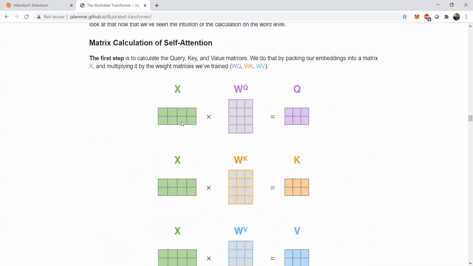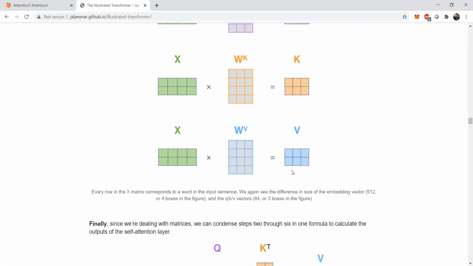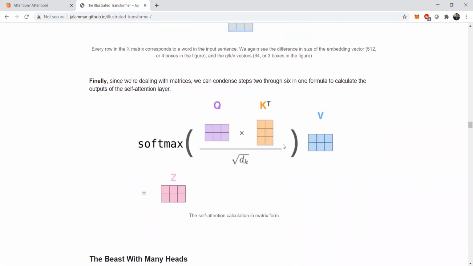Which is clearly represented by this figure here. So we multiply x with wq to get q, again x with wk to get k, and x with wv to get the value matrix or the value tensor. And then we apply q into kt. To maintain the dimensionality so that the tensor product actually takes place, we take the transpose of k, that is the keys.